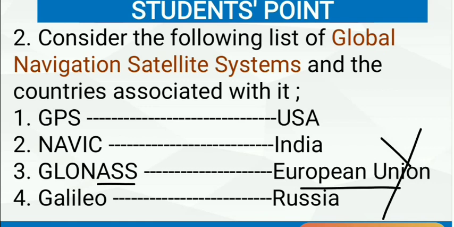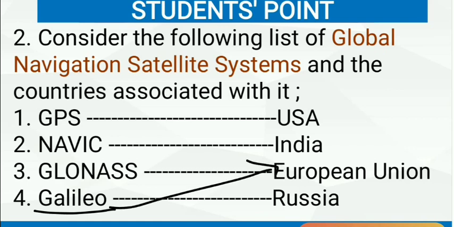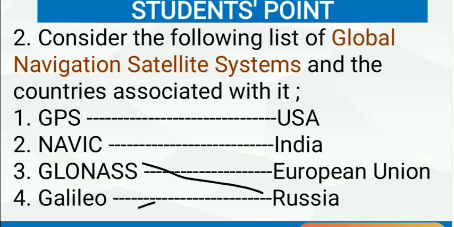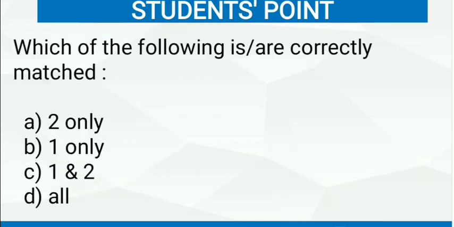No, this is wrong. Pay your attention here. GLONASS is the GPS system of Russia. So 3 is wrong. And Galileo is the GPS system of the European Union. So both 3 and 4 are wrong, since these have to be interchanged with each other, and 1 and 2 are right. So C is the right answer.